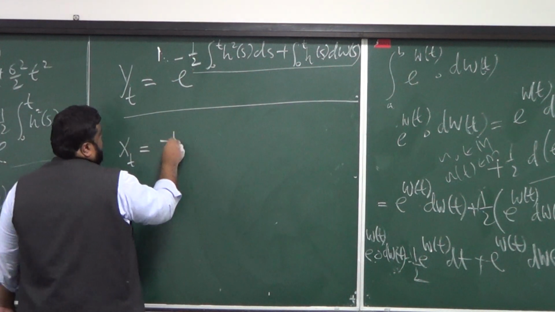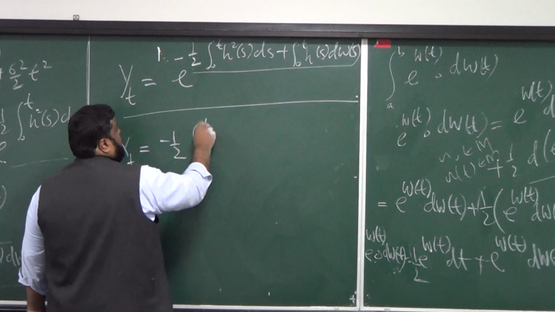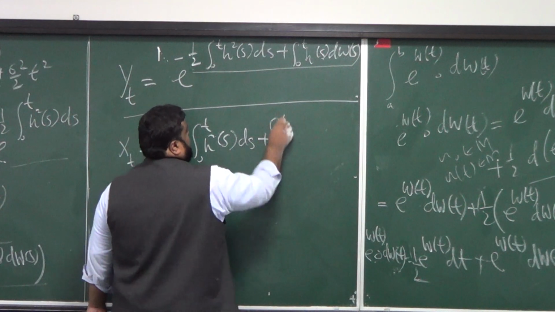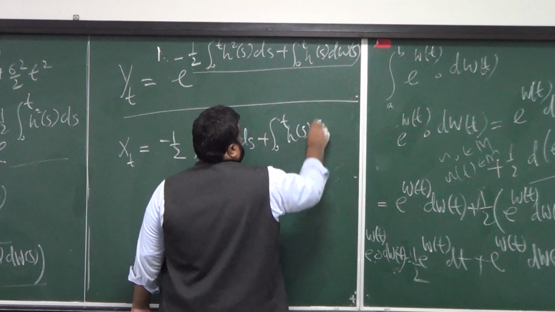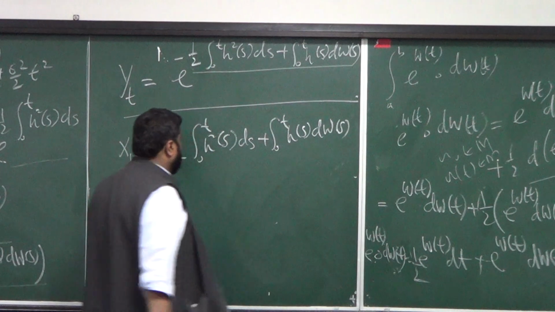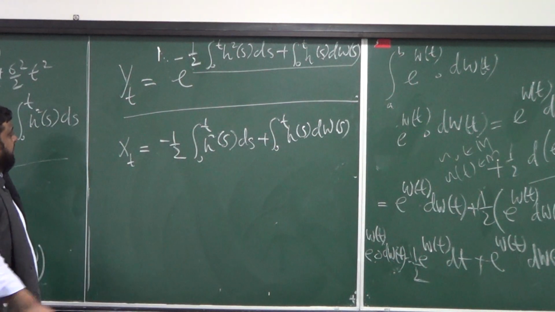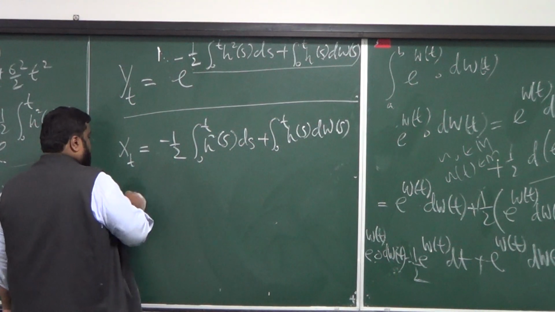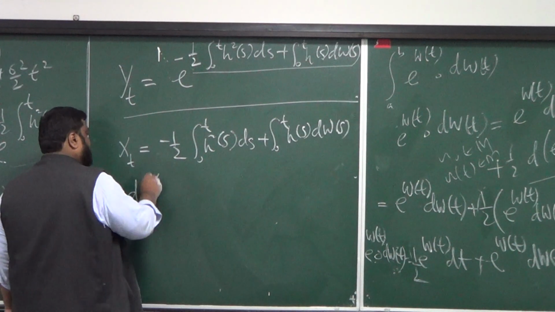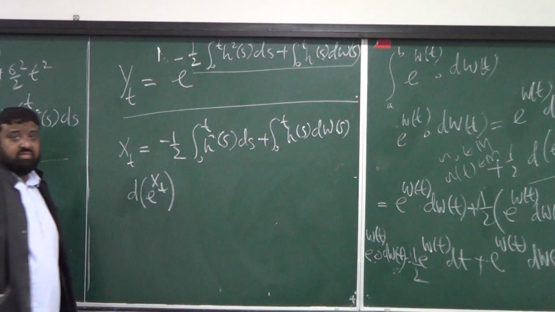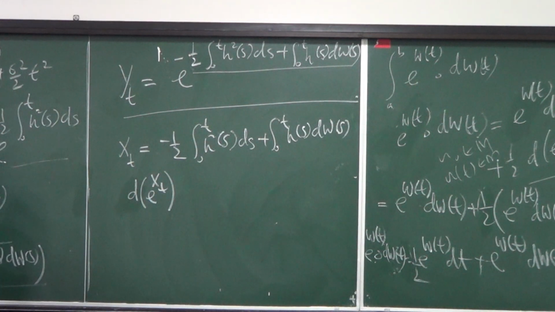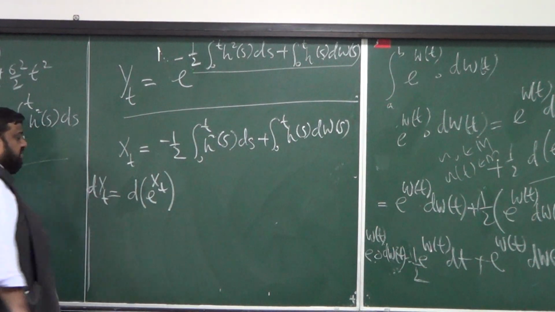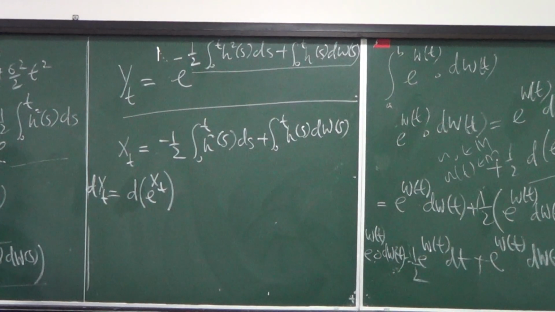So let's take Xt as minus 1/2 integral 0 to t h square of s ds plus integral 0 to t h of s dW of s. Okay? And let's apply the Ito lemma on e to the Xt. In other words, I'm saying let's compute dYt through Ito lemma.